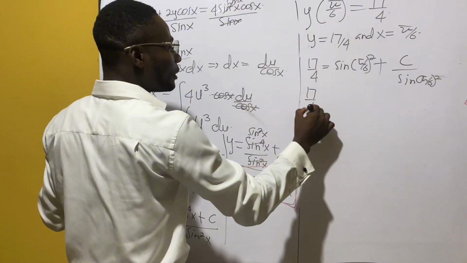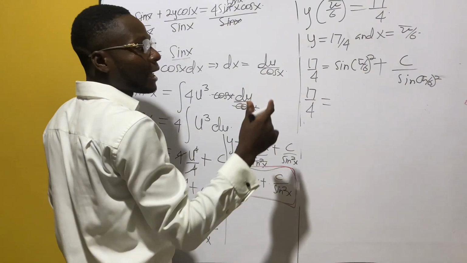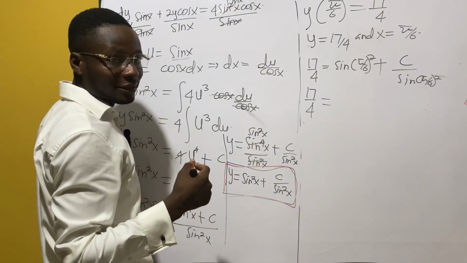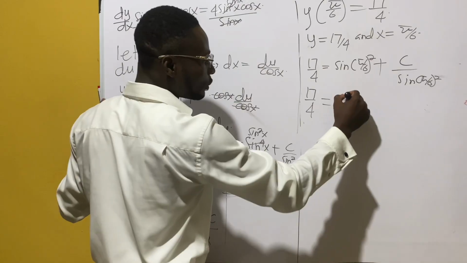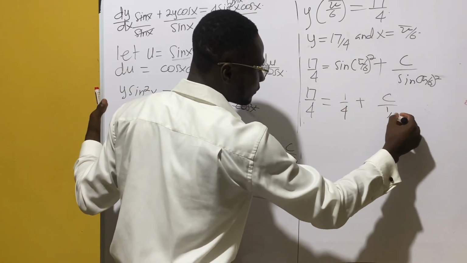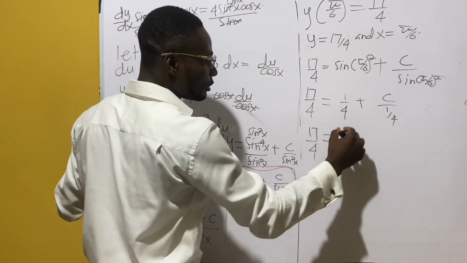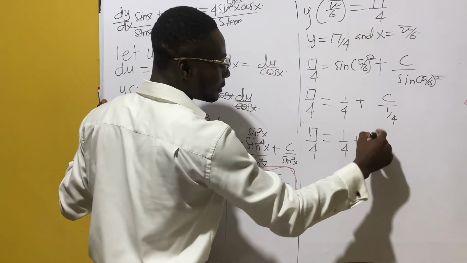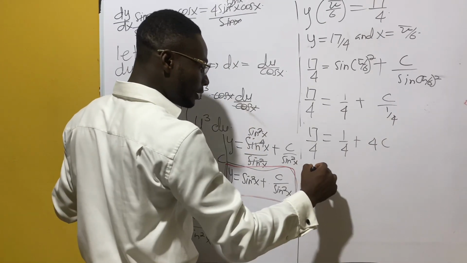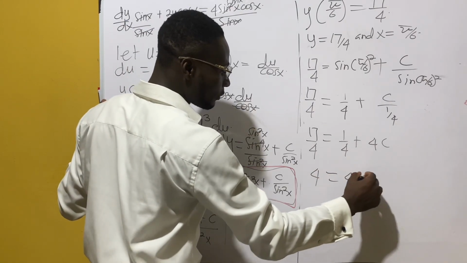Right here we know that sine pi over 6 is sine 30, and we know that sine 30 is half. Half squared is going to give us 1 over 4 plus c over 1 over 4, right? So we have 17 over 4 is equal to 1 over 4 plus 4c, right? So we can say that 4 equals 4c.